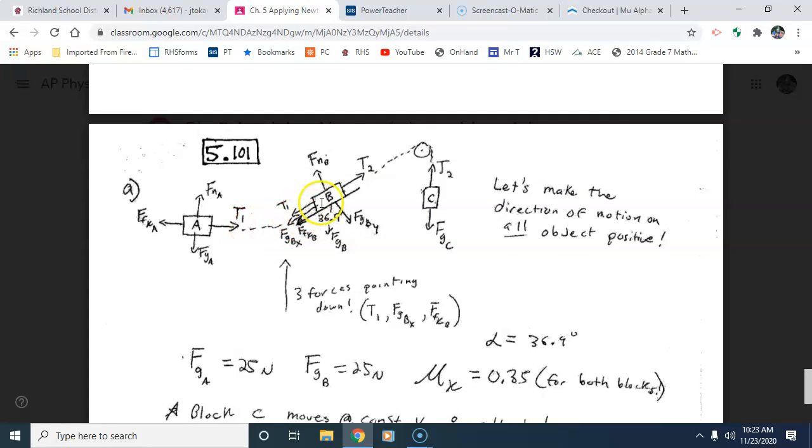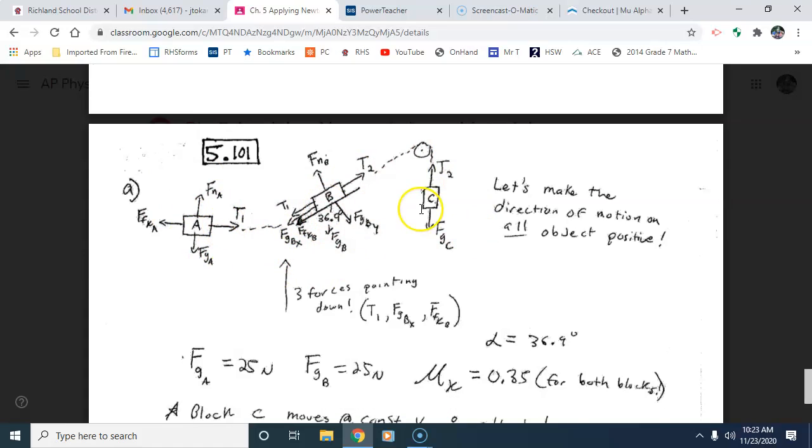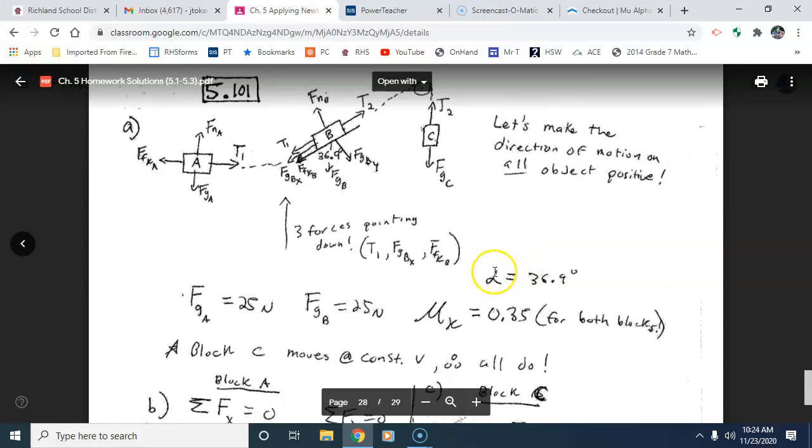The tension that connects block A and block B has to be the same, and the tension that connects these blocks has to be the same. Acceleration has to be the same throughout, because they're all connected. So, for example, if I found the acceleration of this block, it would be the acceleration of this one and this one. Okay? Or any combination of that. So, we'll keep that in mind. This just becomes a lot to keep track of, basically. But it's doable if you take it slow.